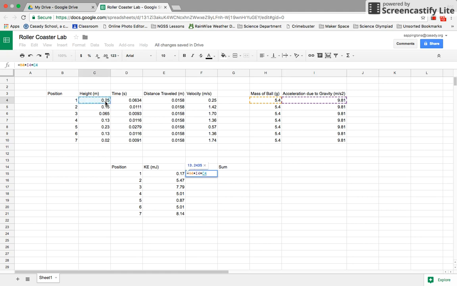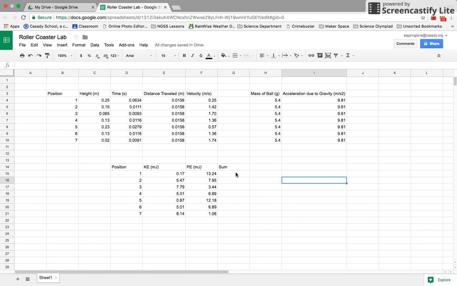And now we hit enter, and lo and behold, it gives us the right answer. Isn't that nice? Now we just drag that all the way down, and we have the potential energies. Once again, let's decrease that down to the 100th. And once again, you need to check these with what you have on your lab.